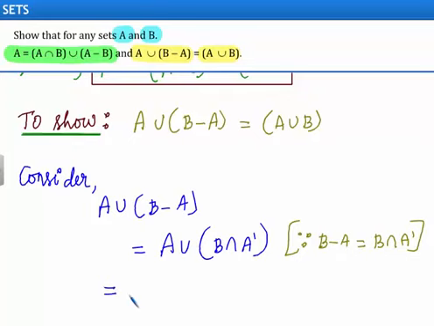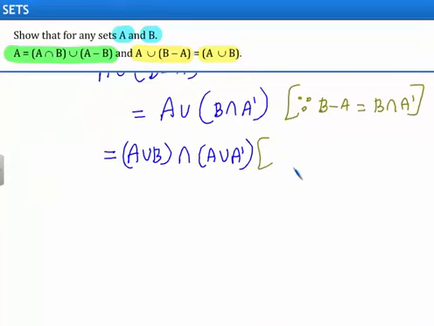Next step will be equal to A union B intersection A union A complement. This is by using distributive law.